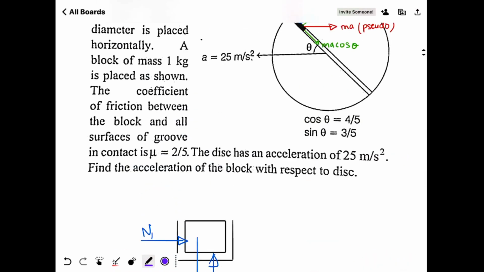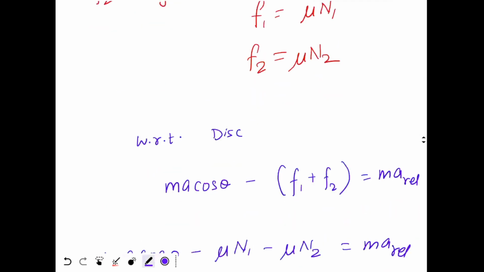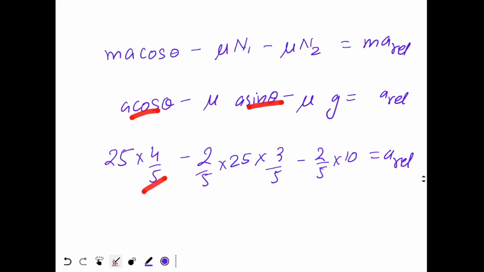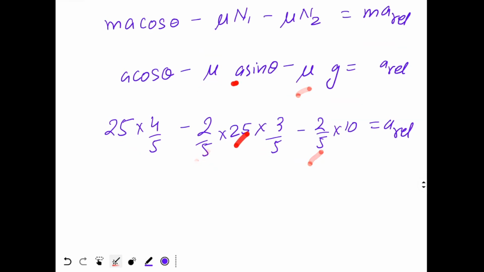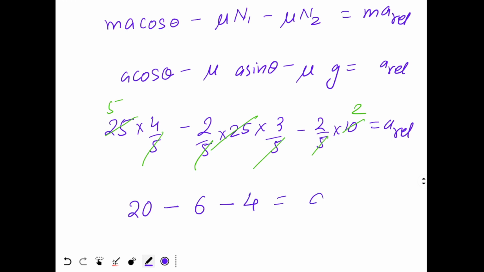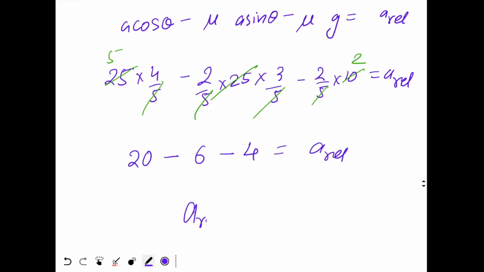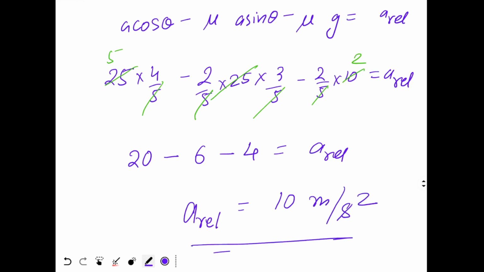Correct. So let's subtract the calculation. 5, 25 will cancel out. So here I'll get 5 again. Here I'll get 2. So 5 times 4, 20 minus 6 minus 4 equal to a relative. So the acceleration will be 10 meter per second square. This is the relative acceleration of block with respect to the disk.